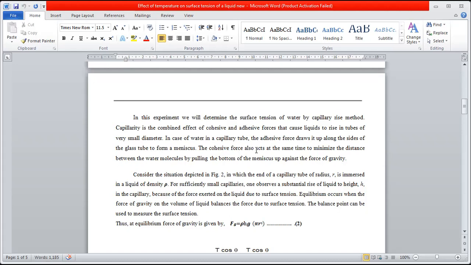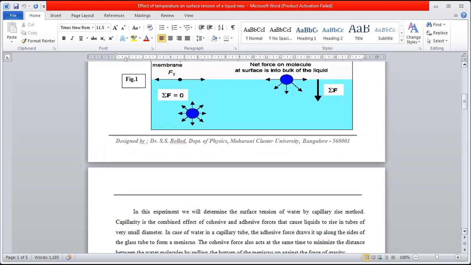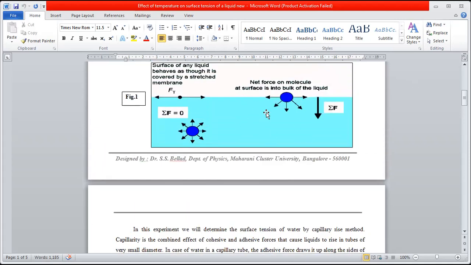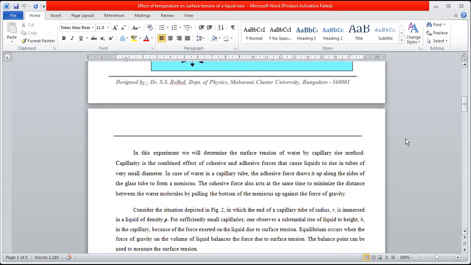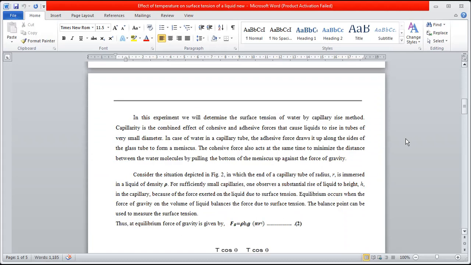The cohesive force also acts at the same time to minimize the distance between the water molecules by pulling the bottom of the meniscus up against the force of gravity. The force of gravity acts downward, but that is opposed by the molecules present in the liquid. So cohesive forces oppose the downward gravitational force.